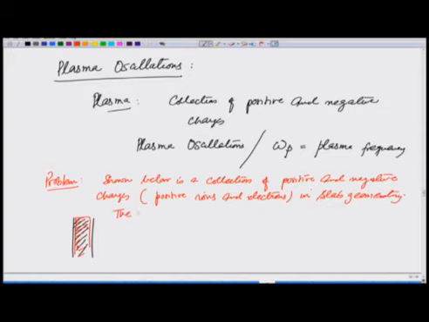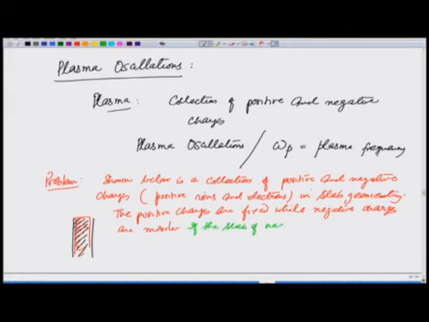The positive charges are fixed while the negative charges are mobile. If the slab of negative charges is displaced as shown, it starts oscillating.